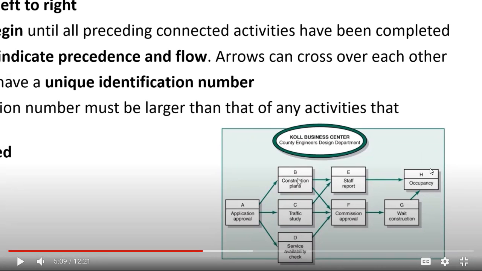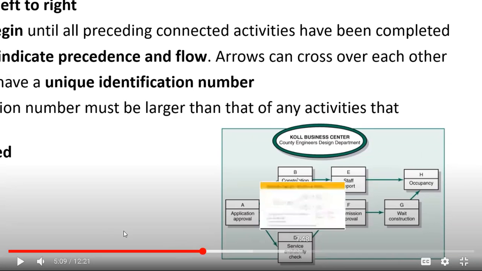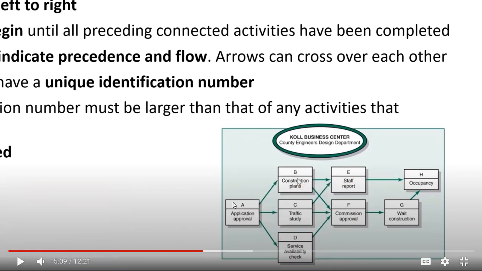You can't have an arrow going from H back to E, and you can't have anything going from B to A. And you can't have anything going from F back to C or F going back to D. So it is only from left to right. All the arrows must be going from left to right, traveling from F toward the right. Otherwise we would go around and around and around, and we would never get to the end of our project.